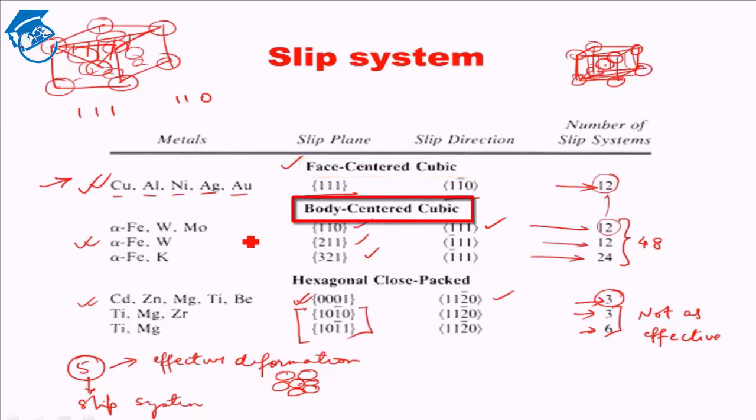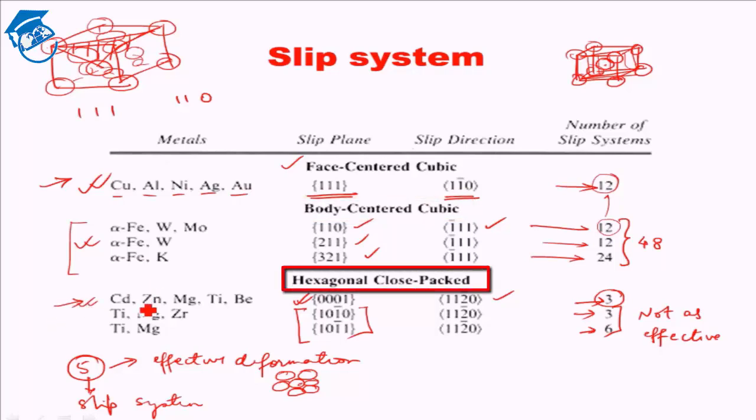BCC, though, does not have very effective slip systems but has a large number of slip systems, so it also shows relatively good malleability and ductility. The problem comes with hexagonal close packed because they only have 3 slip systems which are effective.